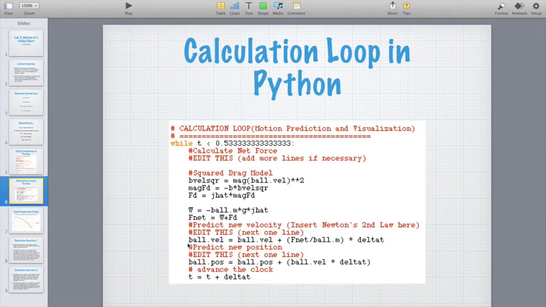This is followed by Newton's second law, which we saw earlier, which is the ball's initial velocity plus the net force over the mass of the ball times delta t, and a new equation to update the ball's position, which is the initial position plus the ball's velocity times the change in time.